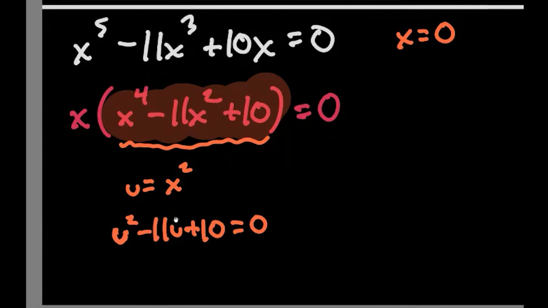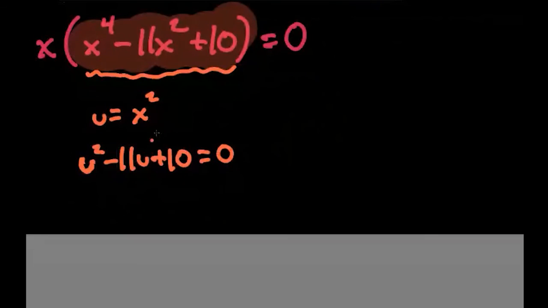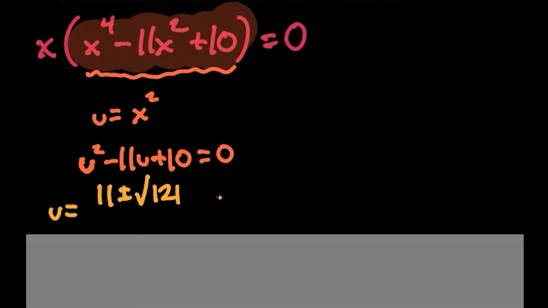All right, so here we have u squared minus 11u plus 10. I'm going to use the quadratic formula on this. So it's going to be negative b, which is negative 11, so it's going to be 11 plus or minus the square root of b squared, which is 121, minus 4ac, which is 40, and we're going to divide all this by 2a, which is just going to be 2.